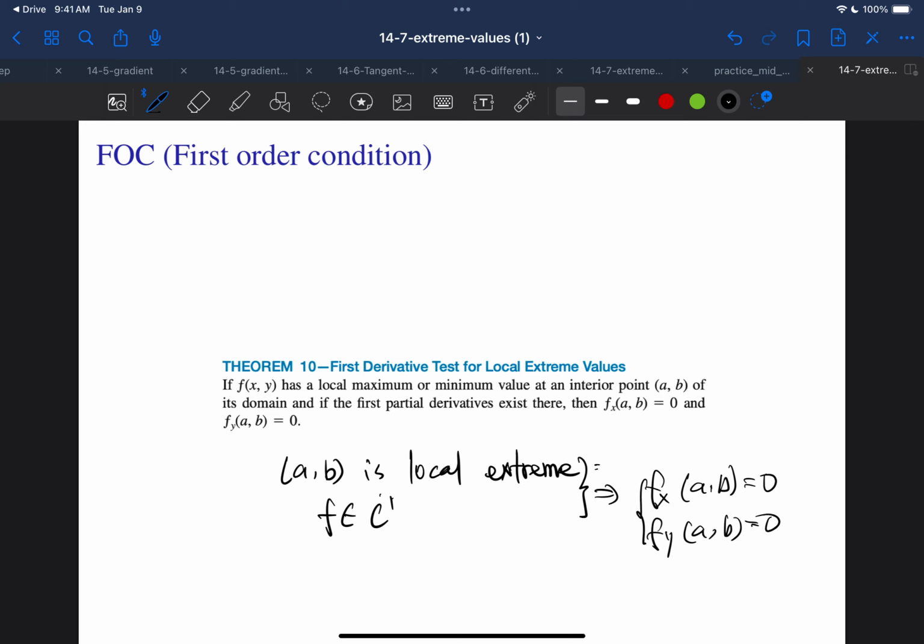So the gradient is basically the 0 vector. This is a necessary condition.